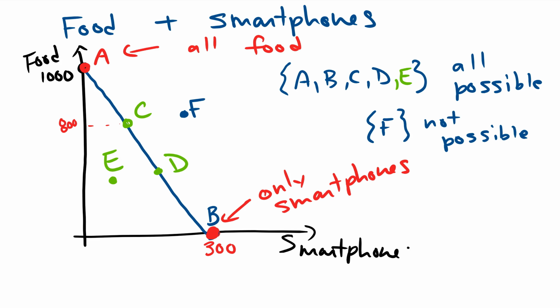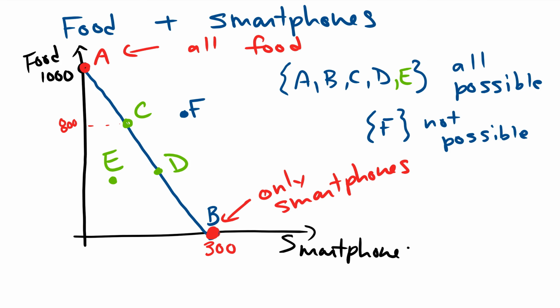And the last question I'll ask you before we end this section of the video is, what about efficiency? F is not possible, so we can ignore that. So we have A, B, C, D, E. Now, A, could we do better than A?